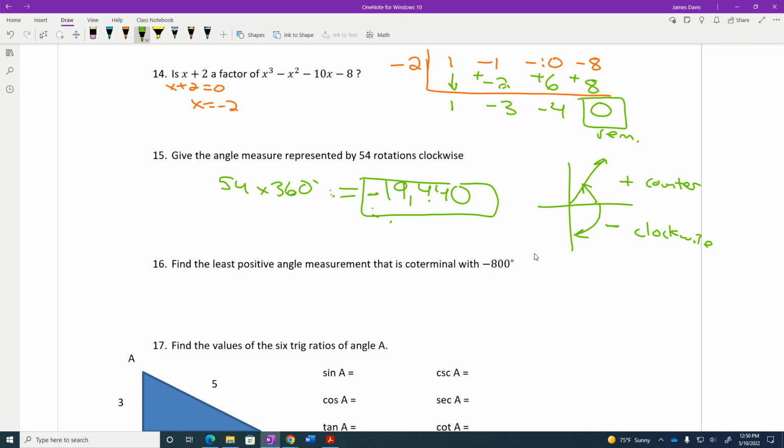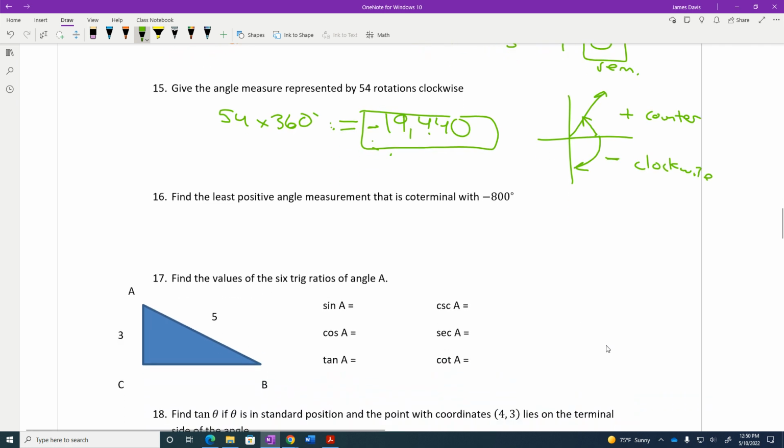The next one asks us about a coterminal angle. A coterminal angle means an angle that ends at the same spot. What are we going to do here to figure that out? Exactly, add 360 until we get a positive angle, right?